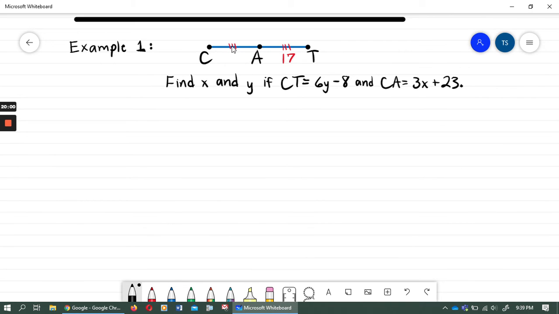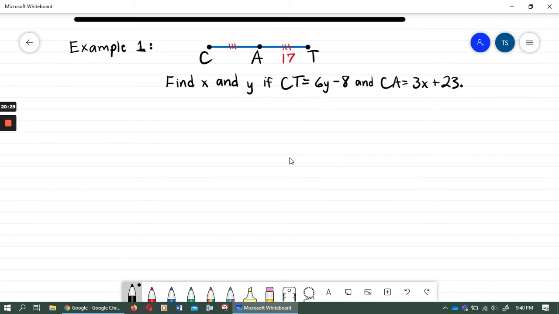That means the segment CA on the left side has the same measure as the segment AT on the right side. Segments CA and AT are congruent, and we know that because we see these congruency marks on this diagram.